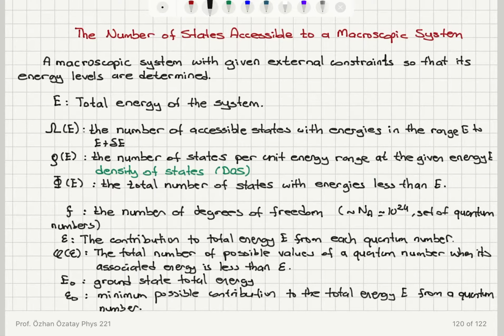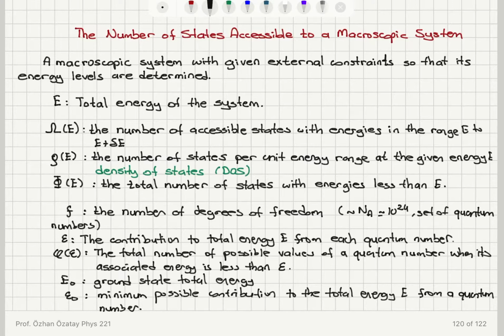So once again, we can repeat. We call E the total energy of the system. When the total energy of the system is E, there is a certain number of accessible states for the system, and this is for the system being with a total energy in a range E to E plus delta E, where delta E is a macroscopically small energy interval, but microscopically large.